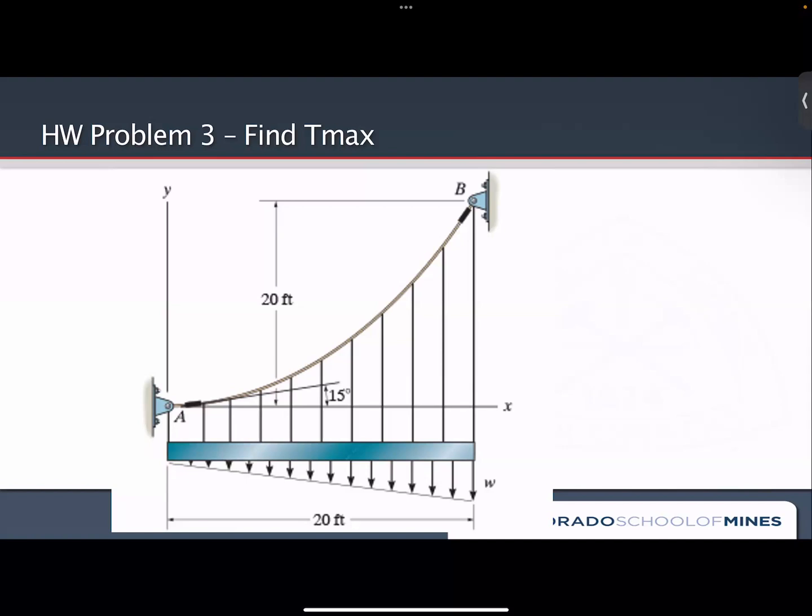All right, our third homework problem, actually in this one, it's got two main differences from the other ones. One, it's got a triangular distributed load, and we never get to the spot where the tension is minimum. We never get to a slope equal to 0. So it's going to be a little bit different with the way we solve it.